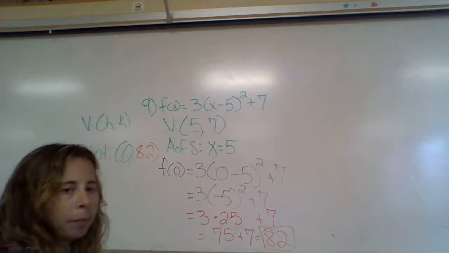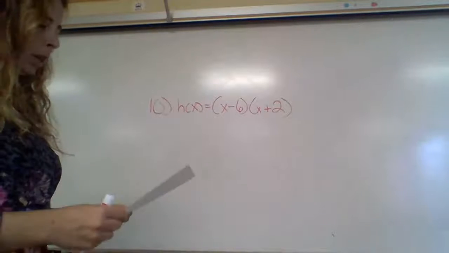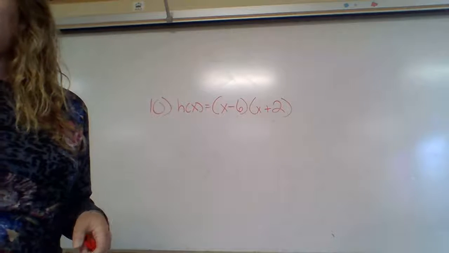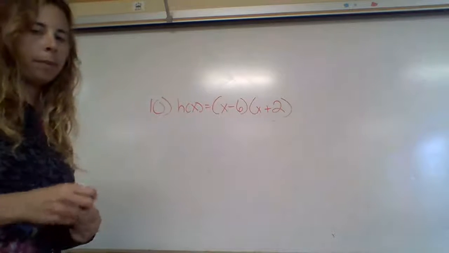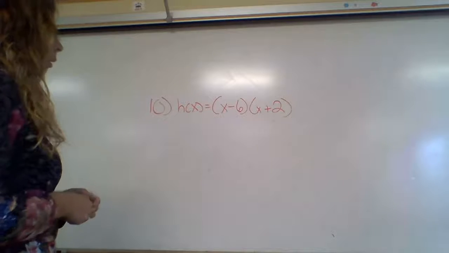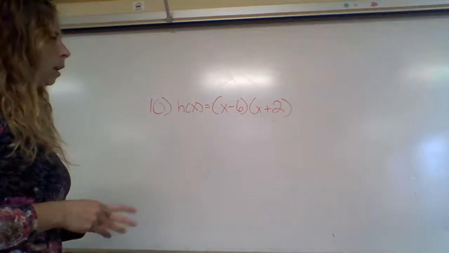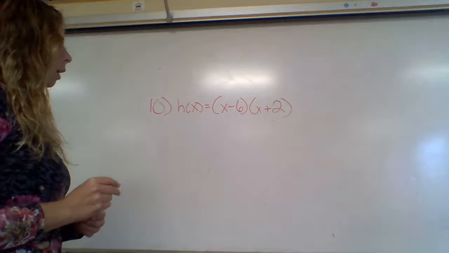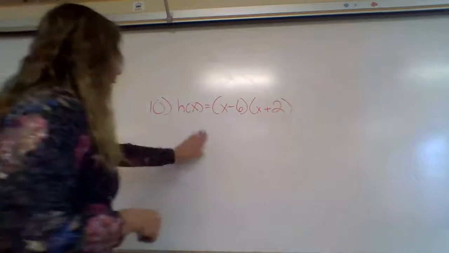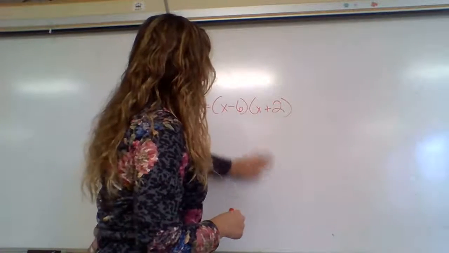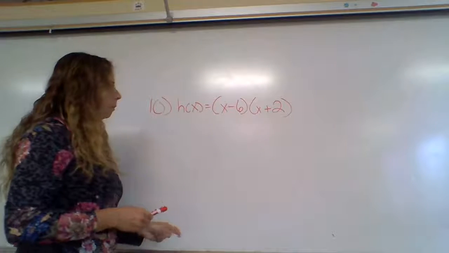All right. Okay, number 10. Same thing, you have to find the vertex, axis of symmetry, and the y-intercept. I'm always so conflicted because there are a few different ways you could do it to find the vertex.